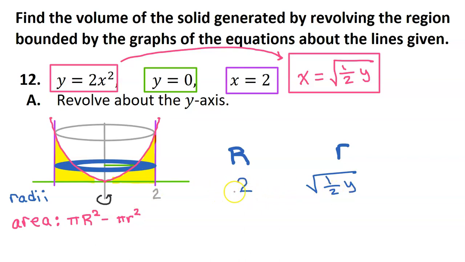So to turn this into an expression for the area, I just need to square this and put a pi in front of it. All right, so now I have pi big R squared, and I'm going to go minus, and I'll do the same thing over here. I'm going to square this and put a pi in front of it. So now we are looking at an expression for the area of the washer.